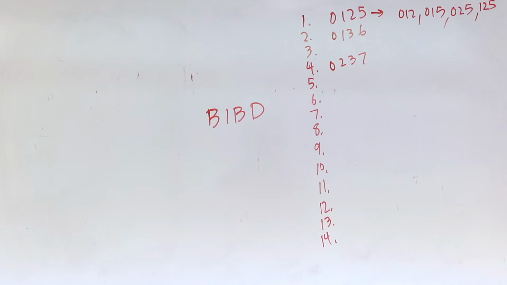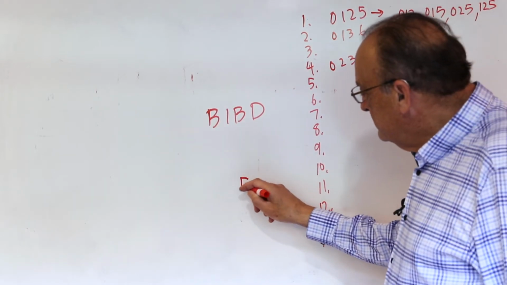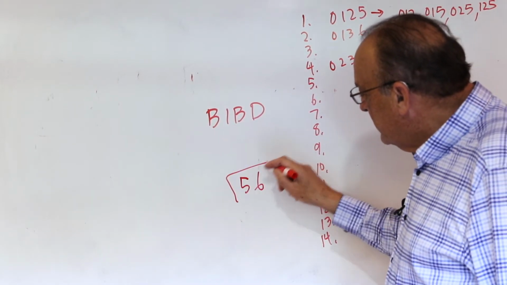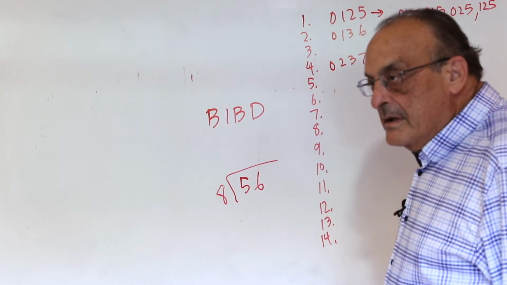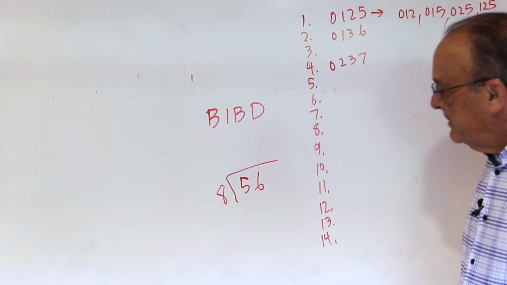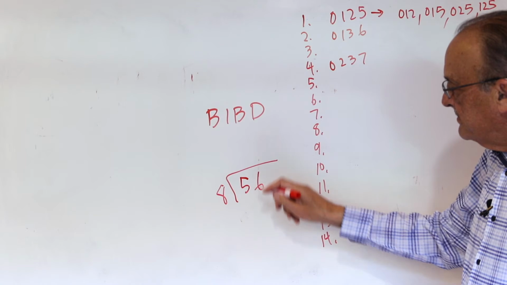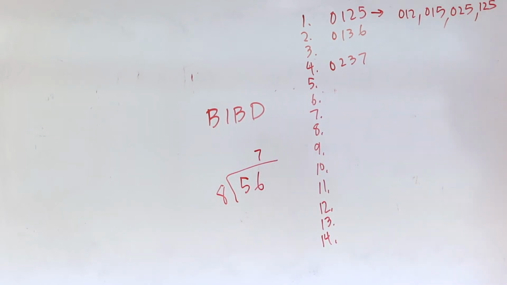So to do that, there's no reason why any number should show up any more often than any other number. So if we have 14 quadruples, 14 times 4 is 56. And there's 8 different kinds of numbers, or colored beads. So if you divide 8 into 56, you get 7. So every number should show up 7 times.